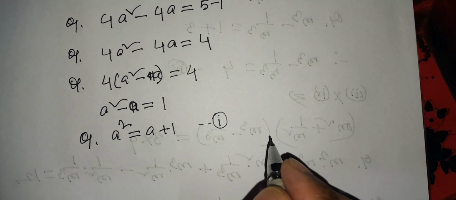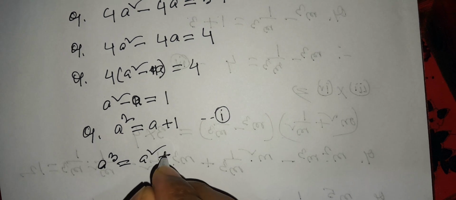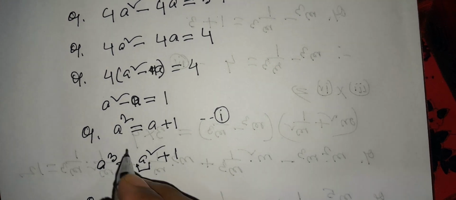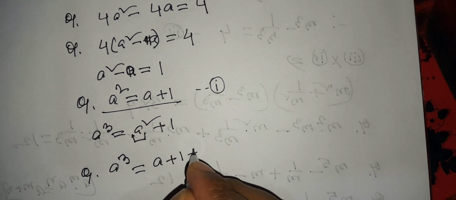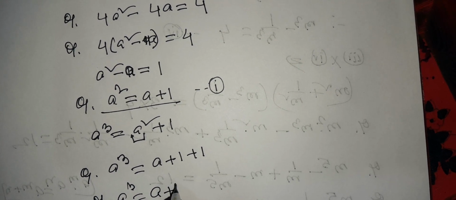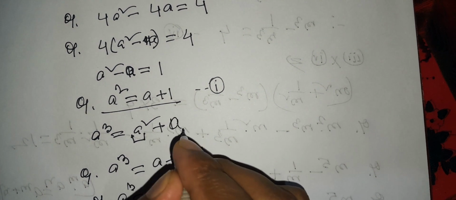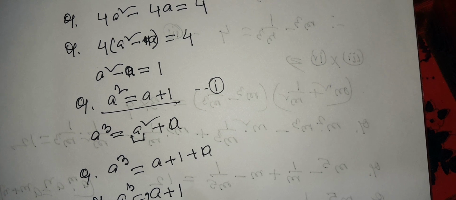Now multiplying equation number 1 by a on both sides, we can write a cube is equal to a square plus a. Here a square by equation number 1 is a plus 1, so a cube is equal to a plus 1 plus a, which is 2a plus 1.